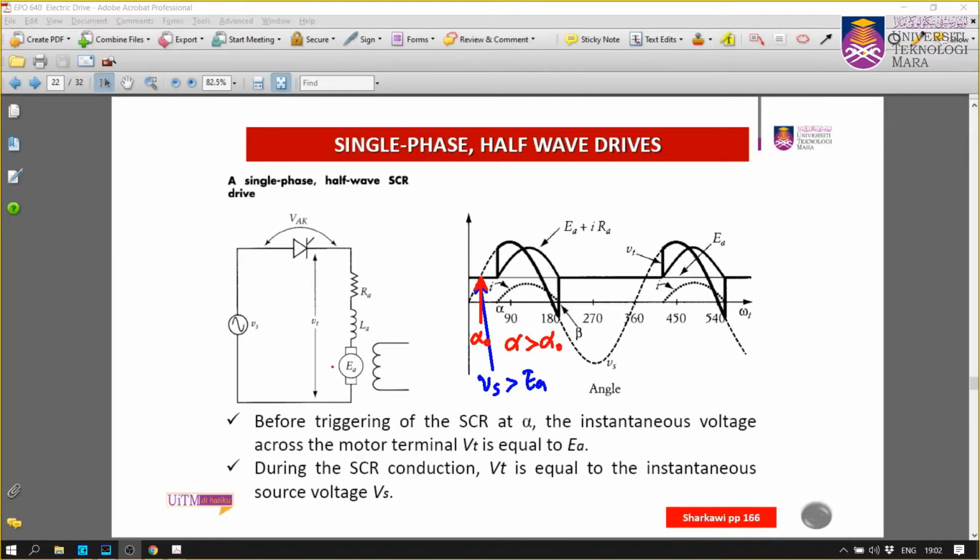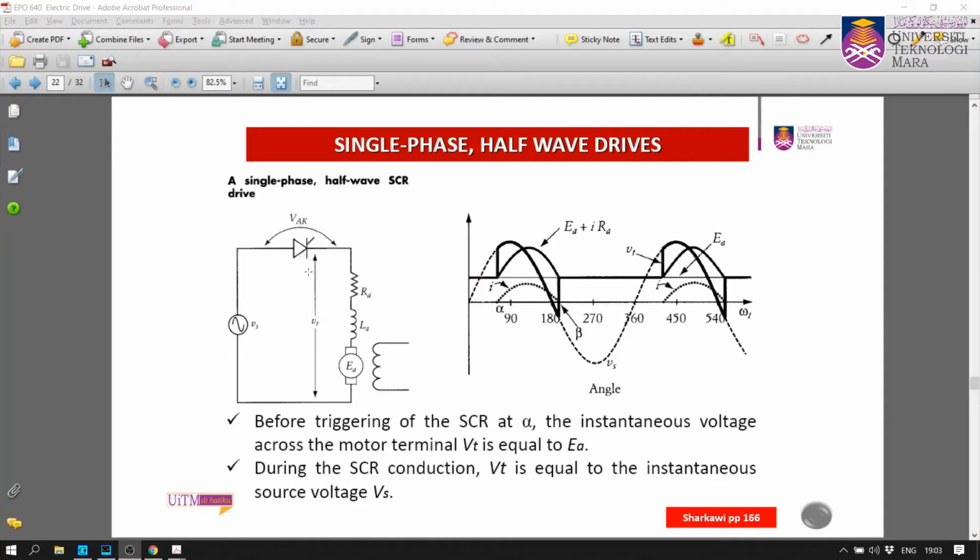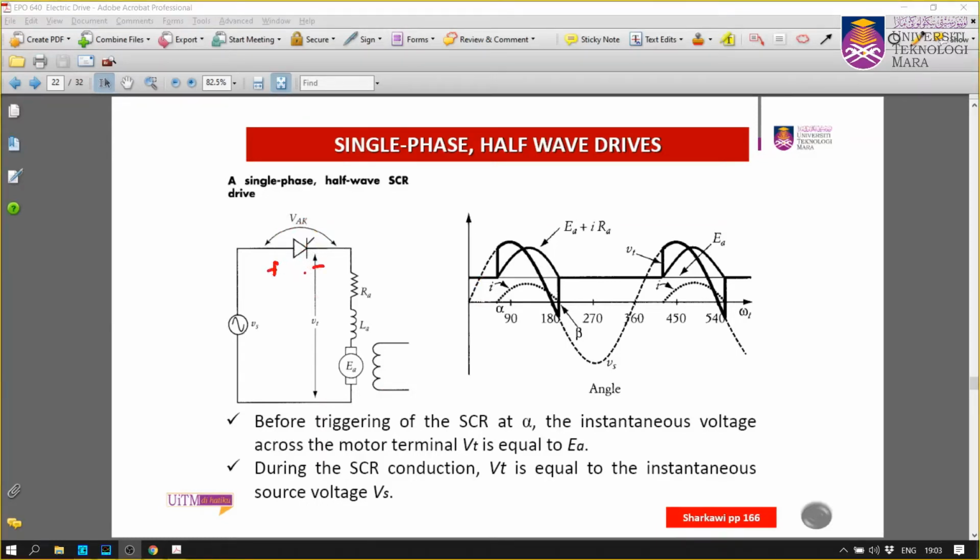Why? Because if EA is greater than Vs, you can't turn on the thyristor because it is in reverse bias. So you must be sure that it is forward biased.